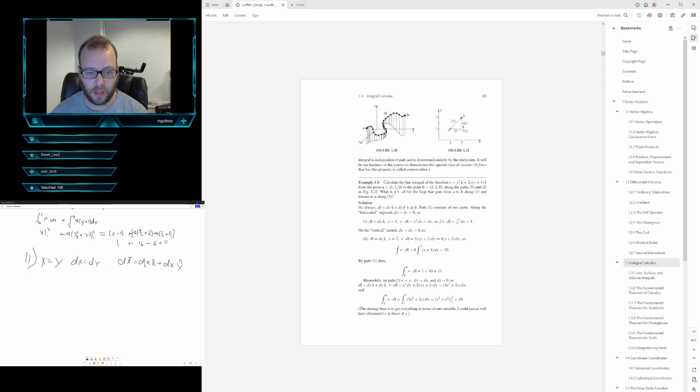And v is equal to x squared x hat plus 2x, x plus 1 y hat. So now we dot and we go from A to B.